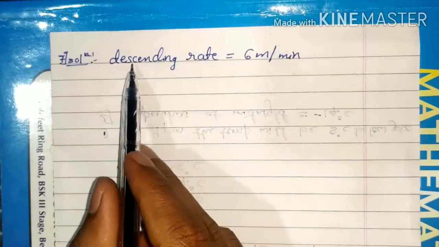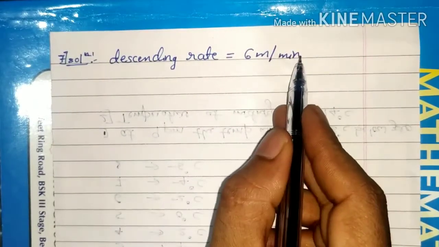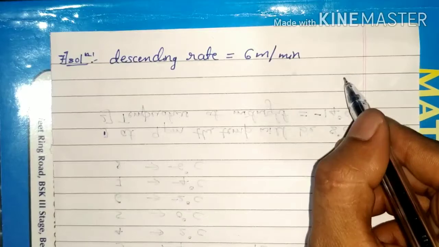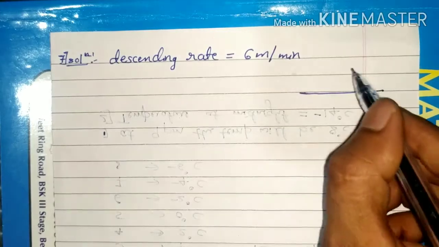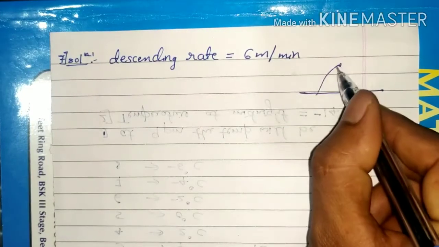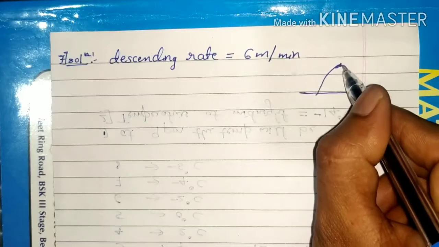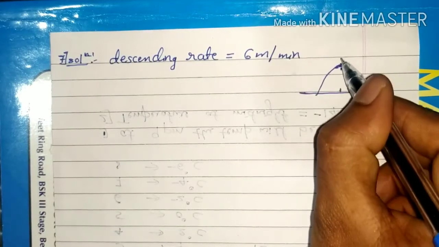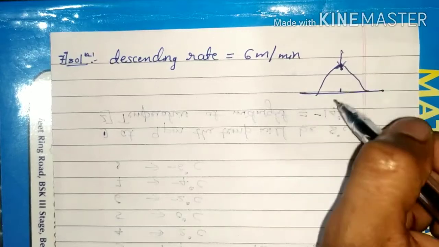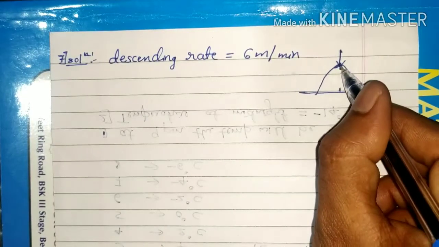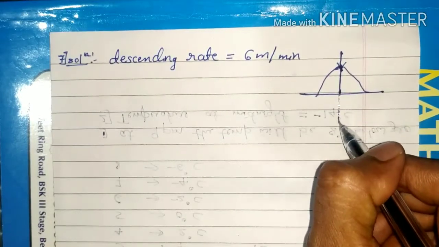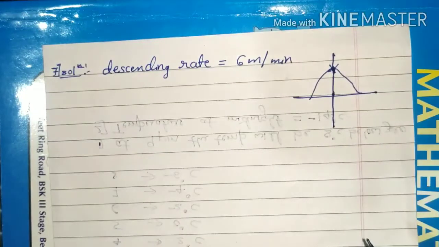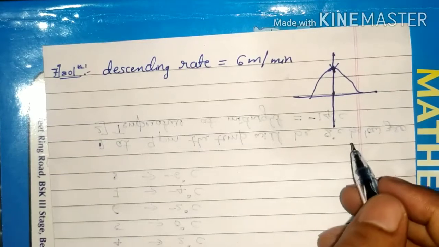Now, the descending rate of the elevator is 6 meter per minute. You can draw a rough diagram like this. If this is ground level, there is some mountain whose height is 10 meter, and from here the elevator starts descending. The question is how long will it take to reach minus 350 meter.